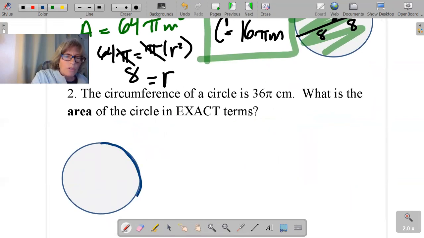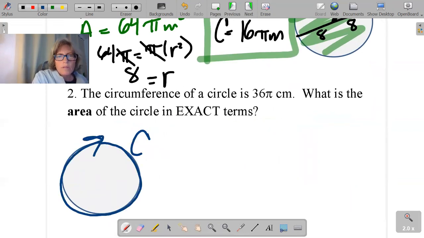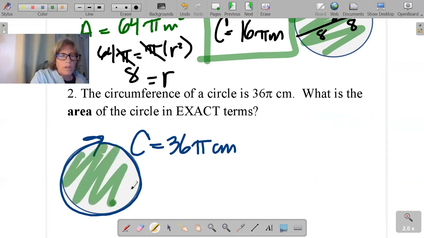We're given the circumference of the circle here. C equals 36 pi cm. We want the area, which means we need the radius.